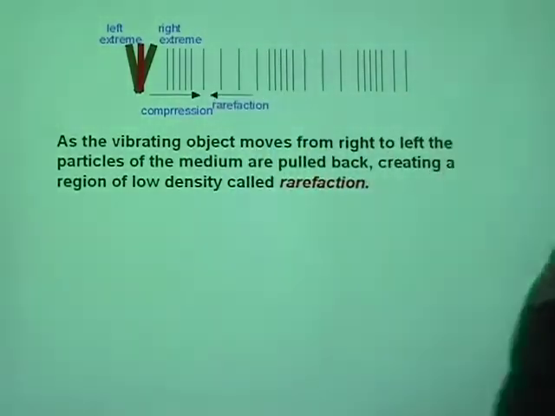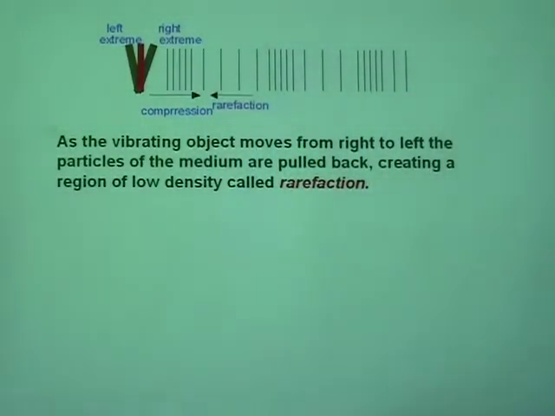Now let me see if I can draw that for you. If a particle is in a region of compression, now look at this particle. The direction of vibration of that particle is to the right. On the other hand, if the particle is in a region of rarefaction, it moves to the left.